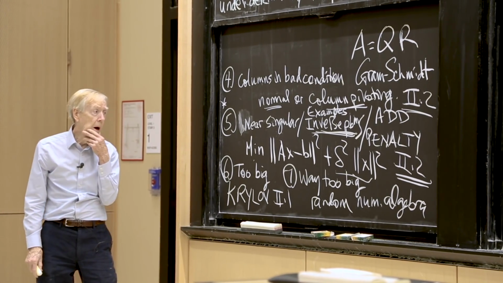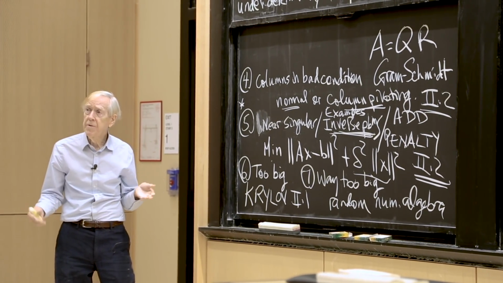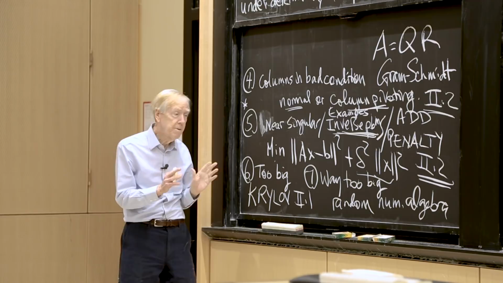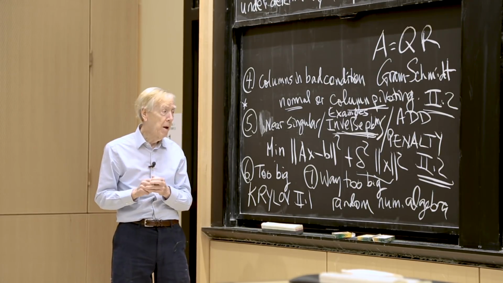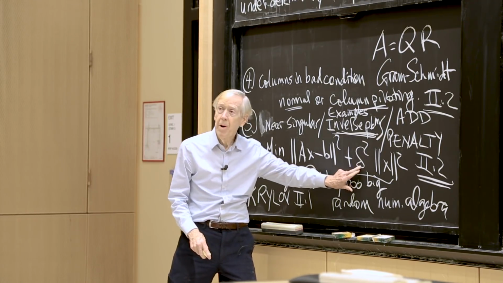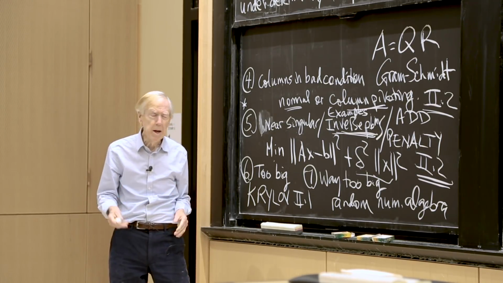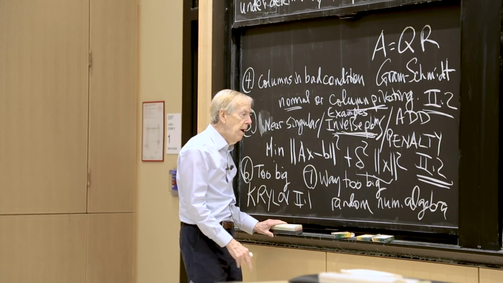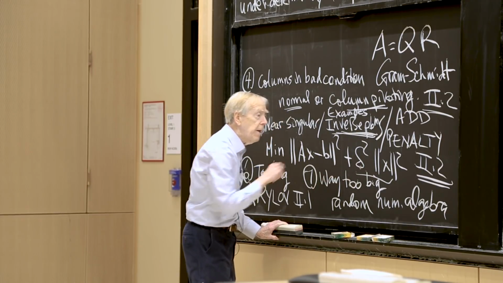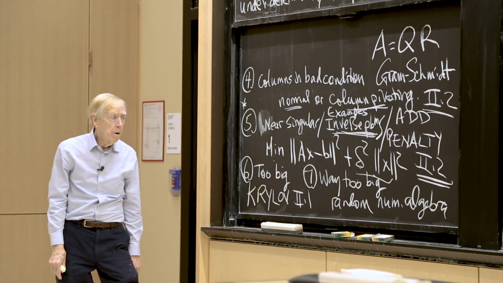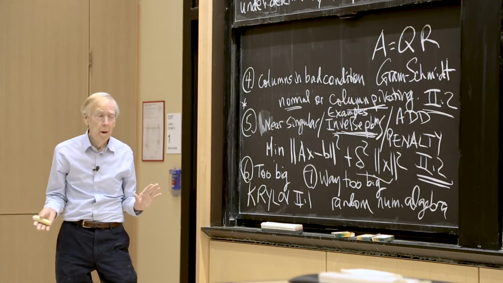But that sort of resolves the problem. But then the question, it shifts the problem anyway to what number, what should be the penalty? How much should you penalize it? You see, by adding that, you're going to make it invertible.